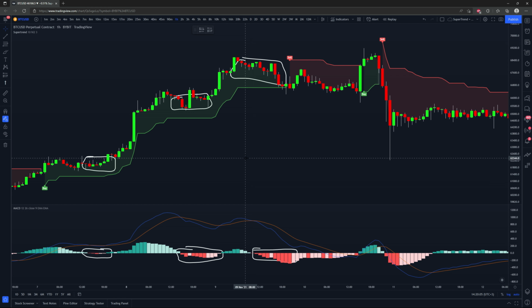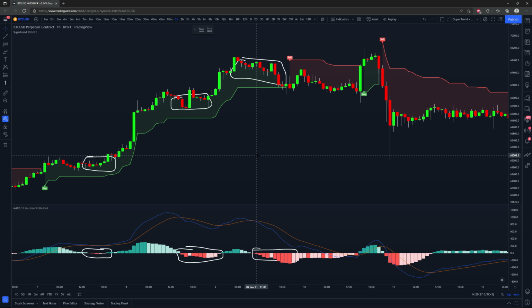Okay, so with this, I do want to say that in a very strong trend, you can have multiple divergences on the MACD. So you want to think of it not as a trend reversal indication, but more of a sign that maybe the price is ready for a larger correction or a larger pullback.